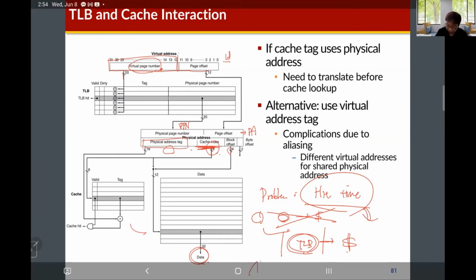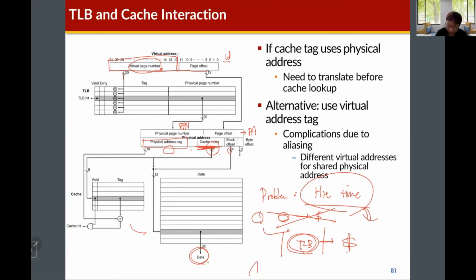When we calculate the AMAT, the average memory access time, it is the hit time plus miss penalty multiplied by miss rate. Because of the TLB, the hit time will be increased. That's the problem.